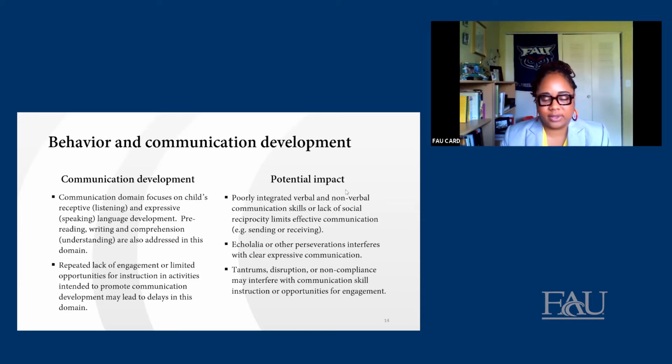Echolalia, which you know by definition is one of the difficulties that our children with ASD might exhibit, and other perseverations, this interferes with a child's ability to expressively communicate or to give room for receptive communication to occur. Children who have tantrums, disruption, or non-compliance also might have difficulties in the communication development area because it does limit their opportunities for engagement with others, whether that's their peers or their teachers, right?